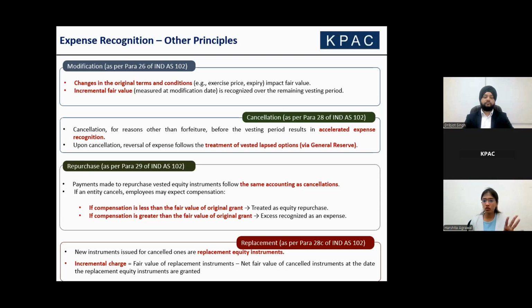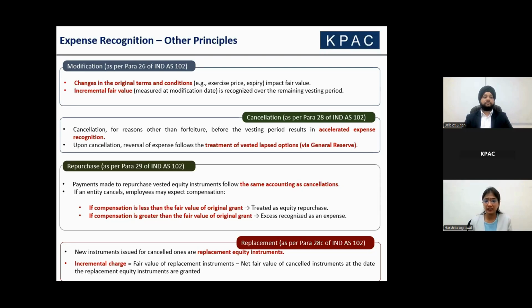The original cost continues to be recognized as per the initial terms. Incremental fair value is simply the difference between the fair value of the modified ESOP and that of the original ESOP, both measured on the date of modification.